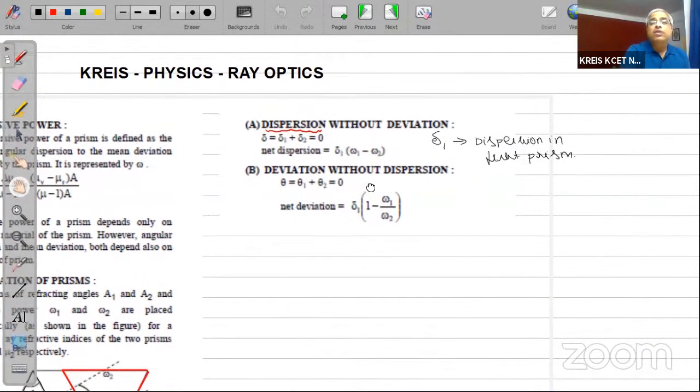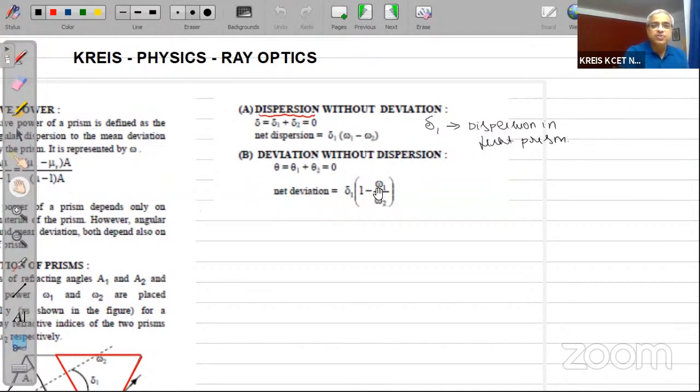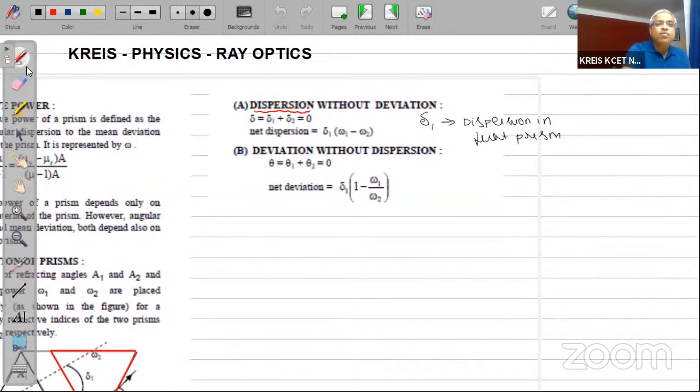Now I can also combine the prisms in such a way that it gives you deviation but no dispersion at all. In that case, the net deviation is given by delta 1 into 1 minus omega 1 by omega 2. I hope you all still remember what omega 1 and omega 2 are.